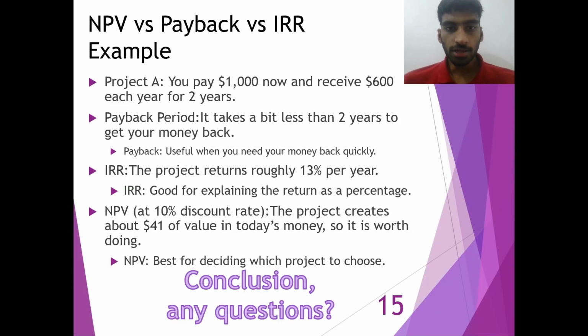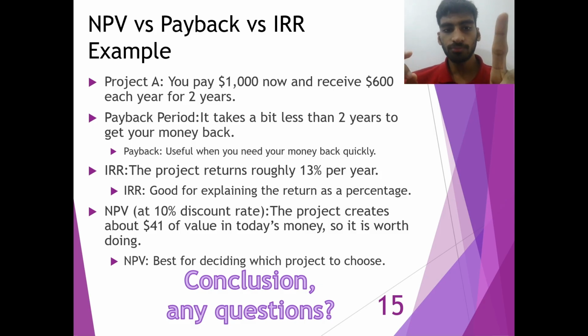In this slide, I'm putting all three methods together using one simple project. You have $1,000, then you receive $600 each year for 2 years. For the payback period, you ask how long until you get your $1,000 back.